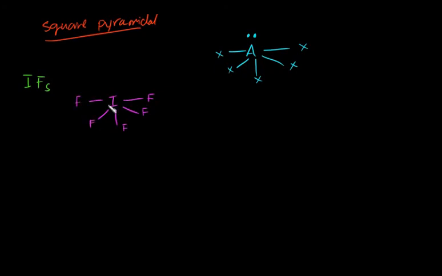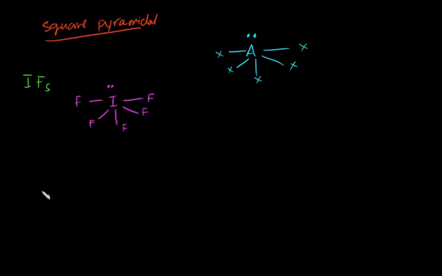As we know, iodine has 7 valence electrons, and it used 5 of them, so it will have only 2 electrons left, which is one lone pair. So this is a square pyramidal structure.